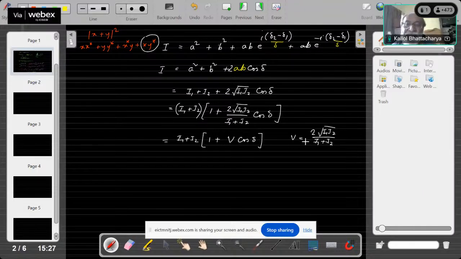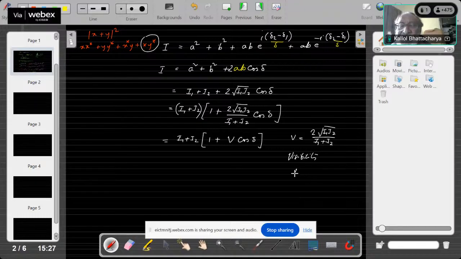This is called visibility. V is known as visibility, and it is actually the contrast of the fringes that you get, the difference between the bright and the dark. In your fringe pattern, you have certain portions with maximum brightness and certain portions with minimum brightness, right?